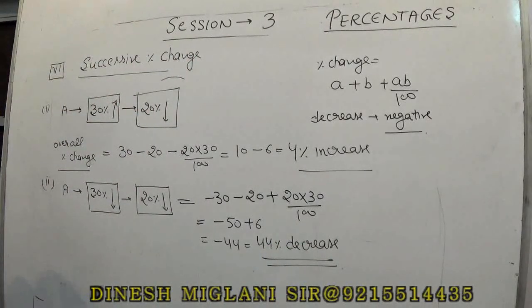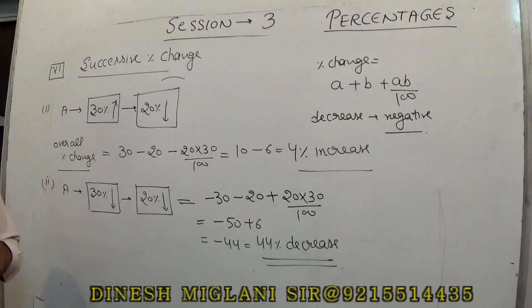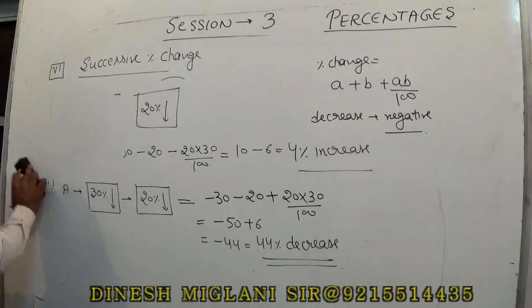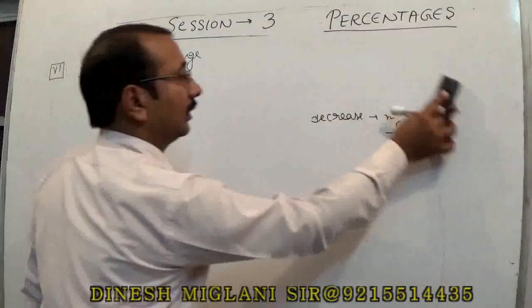I think the idea is clear. In these questions that we have understood, we are taking two successive percentage changes, either increase or decrease, or one increase and one decrease. Now sometimes you will find the percentage changes are more than 2, that is, 3.